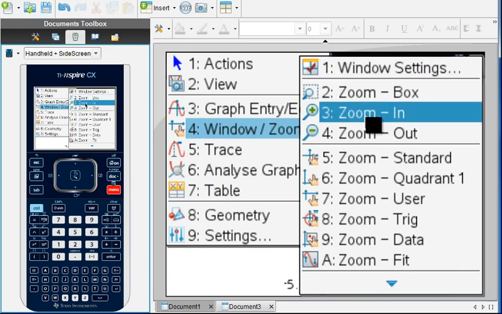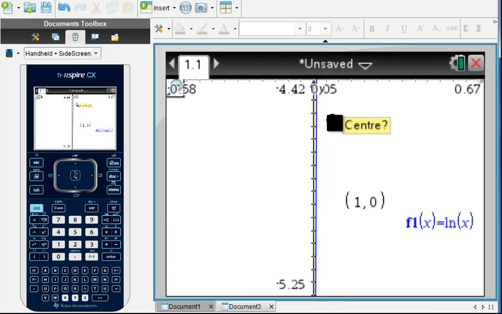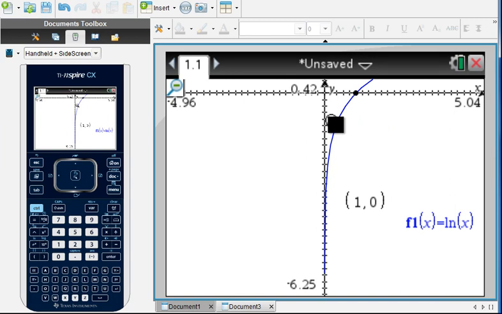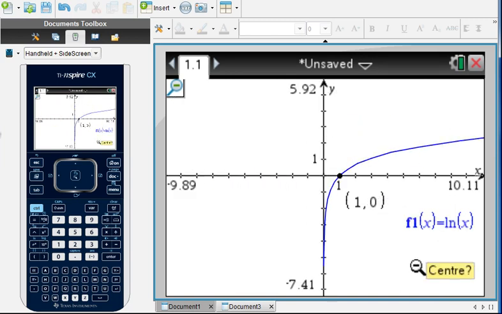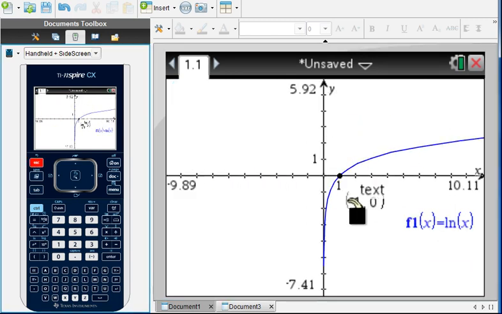So that means that if we zoom out again, this means that this function is only defined for positive x values. So ln x here, we can only choose a value for x that is greater than 0. We cannot use 0 because it will never touch the y-axis. It's not defined for x is equal to 0. Or we can see here it doesn't exist on the left side of the y-axis.